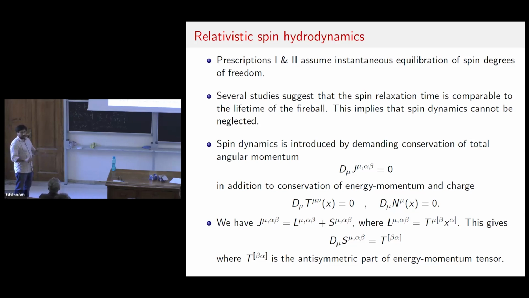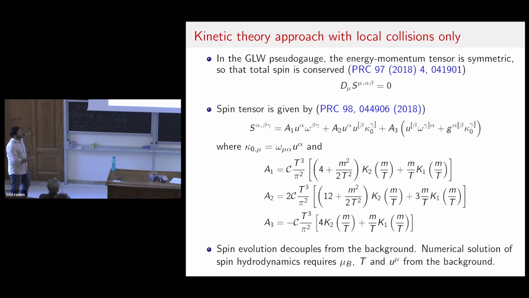And if everything is done consistently, the result should be independent of the pseudo gauge. So I'm not an expert in this theory, but I assume this philosophy to be correct and proceed further to see what they have to offer. So the first approach, the kinetic.